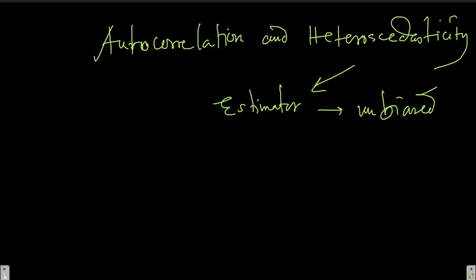It actually fulfills one criterion of the BLUE estimator, basically linear unbiased. So you get the unbiased part, but it is not the best, because the variance is not the minimum variance. You can always get an estimator which has a lower variance than the estimator you are estimating when your model has heteroscedasticity.